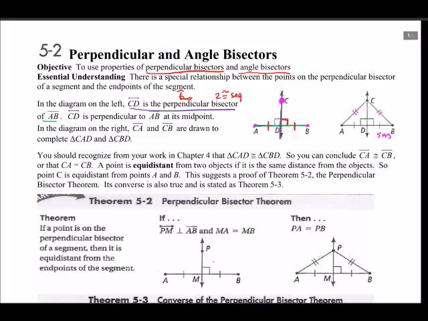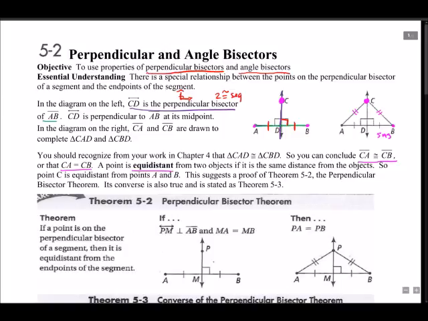So because these two segments, segment CA and CB, are congruent, we can say that their lengths are the same, which means we can say that point C is equidistant.